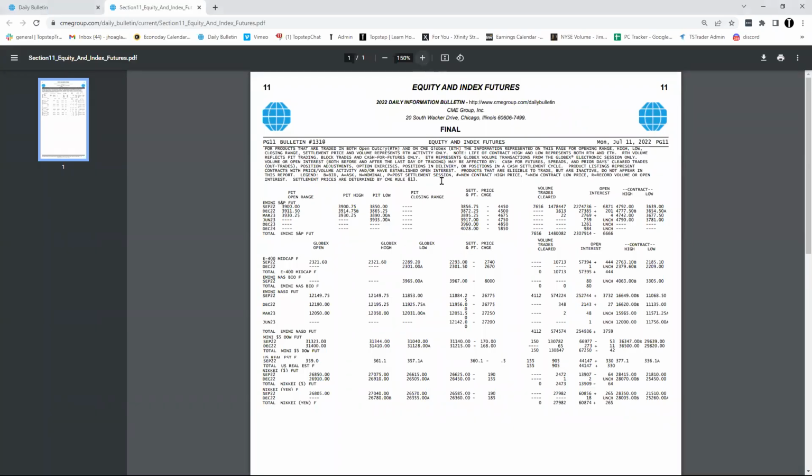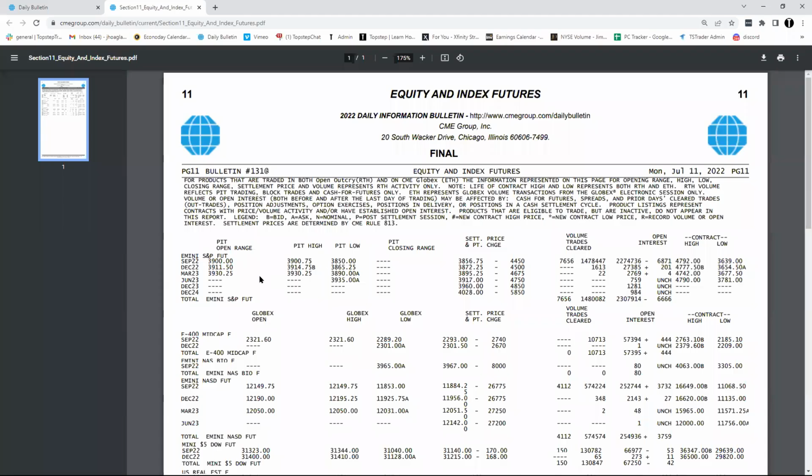So here it is. Here's September settlement, net change, volume for the front month, open interest, and change in open interest. I'm always collecting the total number of volume and the total open interest and net change in open interest.